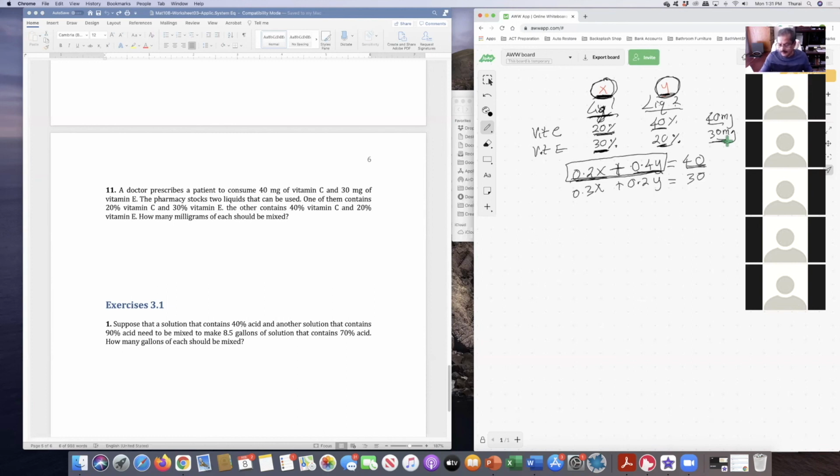You find X and Y, and X is the amount of liquid 1. So in the box that says how much of liquid 1 is consumed, that's where you put that number. And for how much of liquid 2 was consumed, you put the value of Y there. That's how you enter the answers.